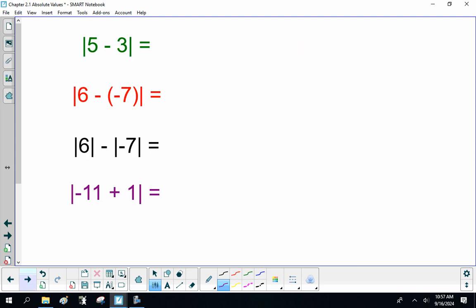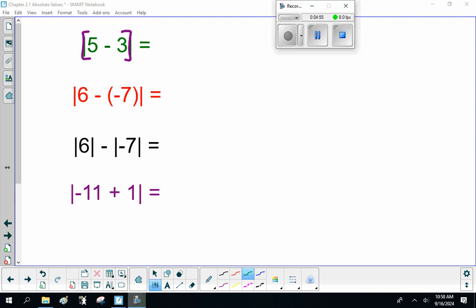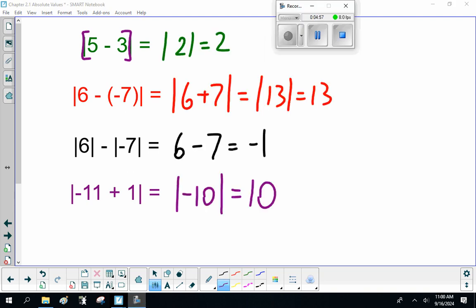When I said BEDMAS: brackets, exponents, division, multiplication, addition, subtraction. So if you want to think of this as brackets, do everything inside the brackets. So this is the absolute value of 5 minus 3. Actually, no, I'm going to be quiet. I'll pause the recording. You guys do these. Come back and we'll compare results, okay? So pause the recording.